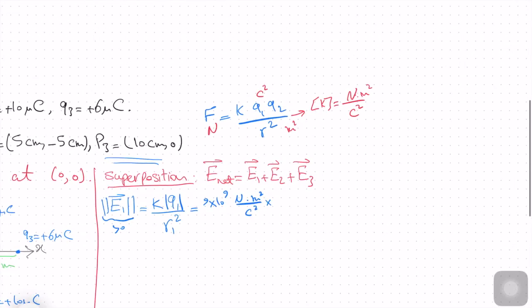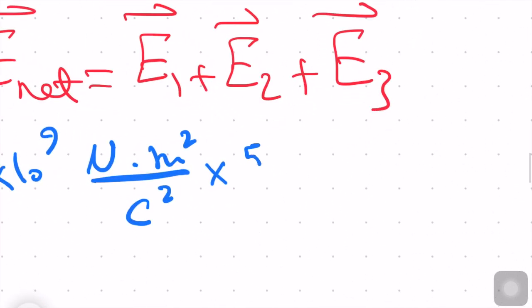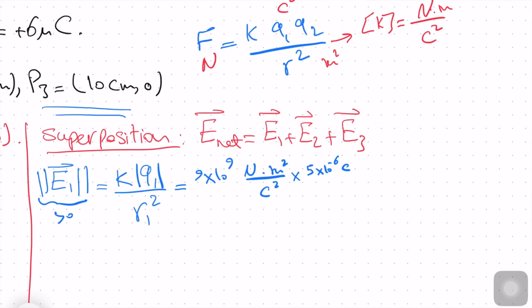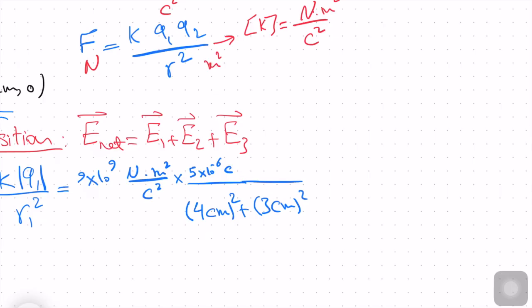Okay, now Q1 is minus 5 microcoulomb, so its magnitude is 5 times 10 to the minus 6 coulomb, divided by R1 squared, which is the x component squared plus the y component squared, so it's basically 4 centimeter squared plus 3 centimeter squared.